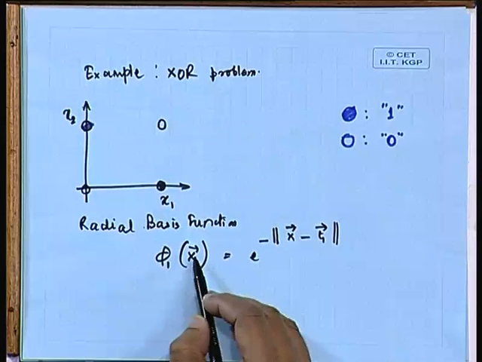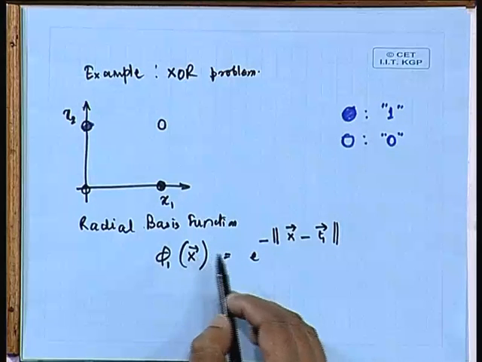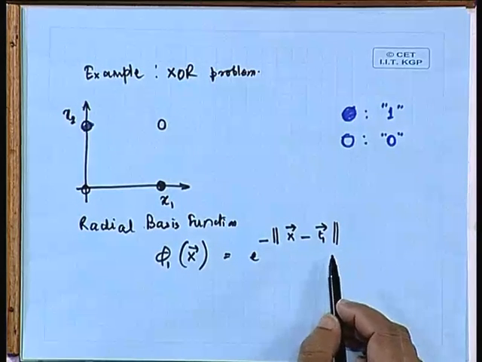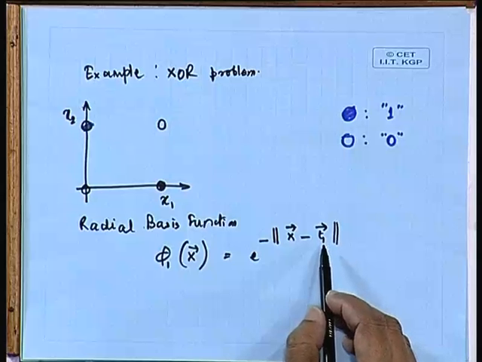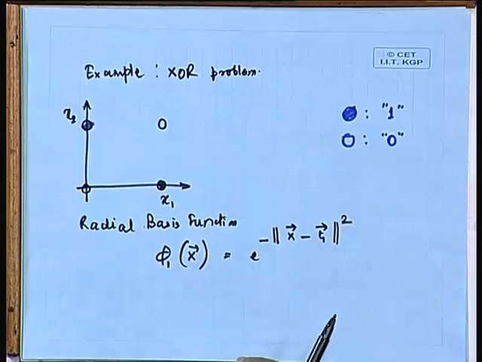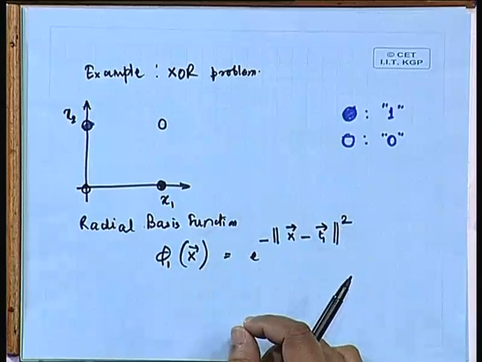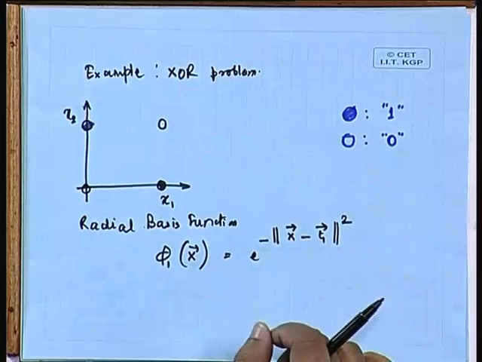Here the x vector's dimensionality is 2, because there are 2 inputs, and likewise the T1's dimensionality will also be 2, and this norm should be taken in the square. So, this is our very popular Gaussian function, which you can immediately identify.